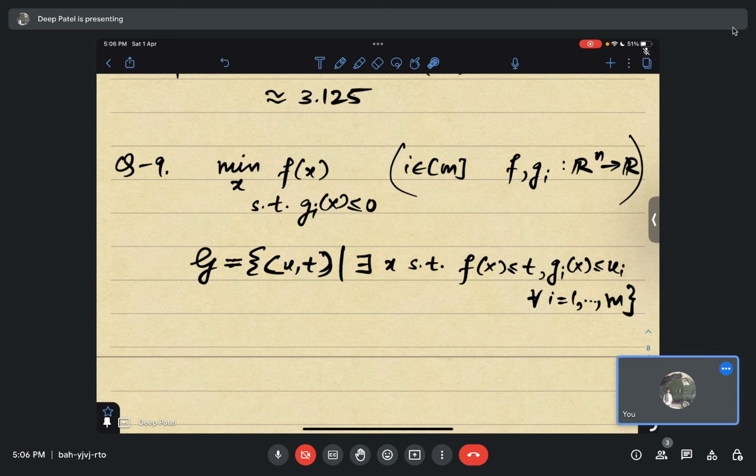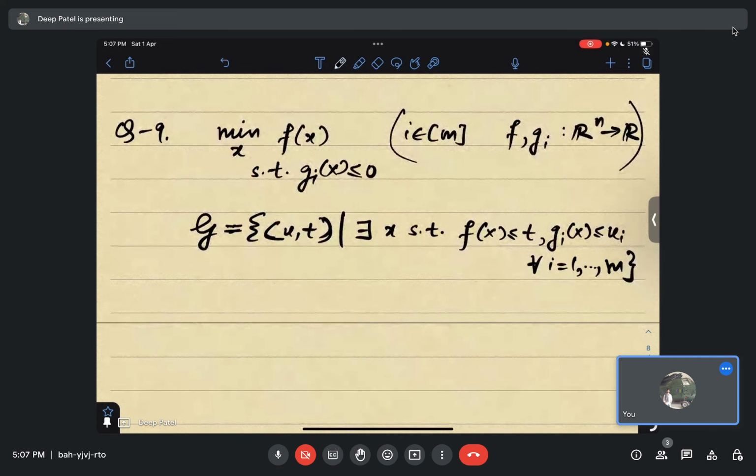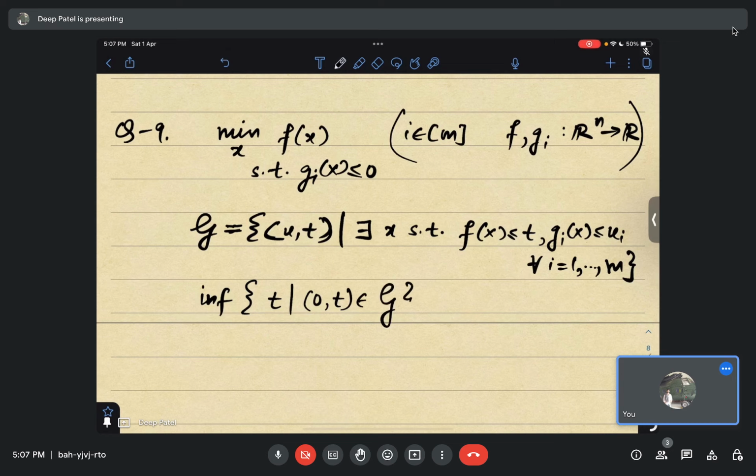No, G contains all such points that would be of interest to us because we want to solve this primal problem P. So what I'm saying is, any point (0, t), the infimum of this, let me write it properly, the infimum of this is what we are interested in.